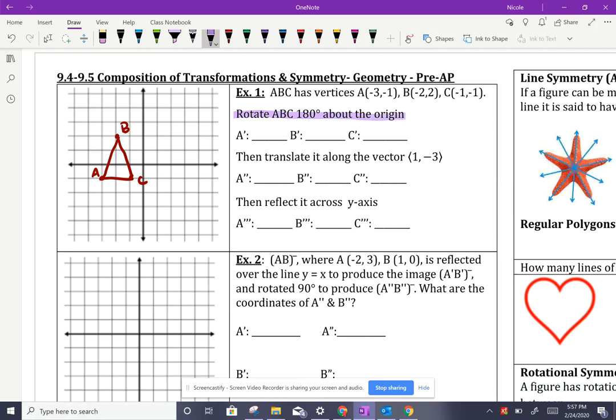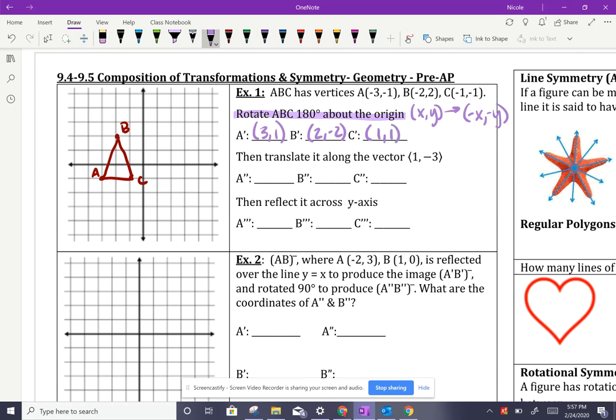So when you rotate 180 degrees about the origin, I don't know if you remember this from our previous lesson, you take your x and y, and basically that's taking the x and making it negative and making the y negative. So all I'm going to do is change the signs of all of my points here. So A prime becomes 3, 1. B prime becomes 2, -2. And C prime becomes 1, 1.